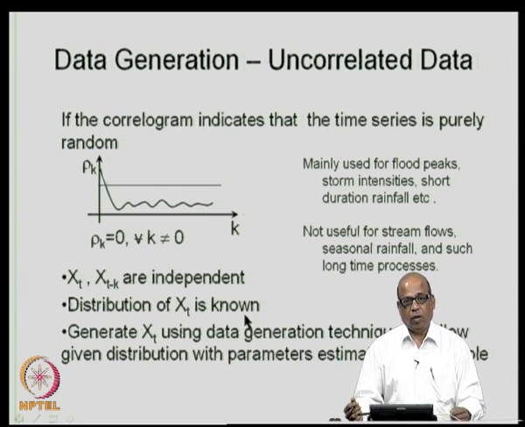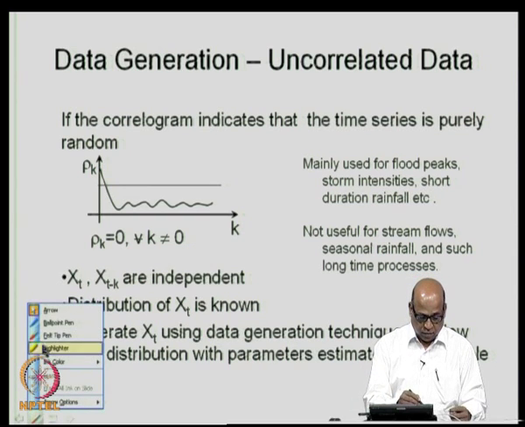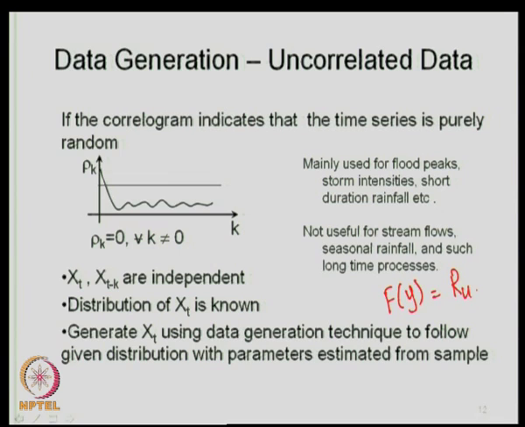We have seen the methods of data generation earlier using the specified distributions. If you recall what we do there, we set R u, which is the uniformly distributed random number in the interval 0 and 1, to be equal to F of x, the capital F of x, or let us say if you recall we set F of y is equal to R u and then solve for y.